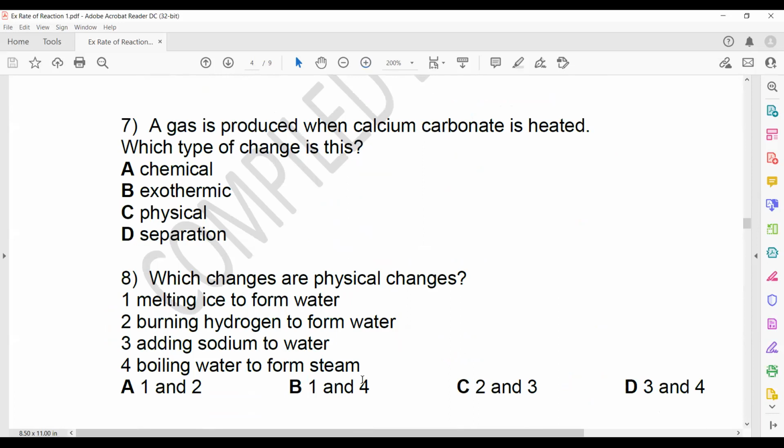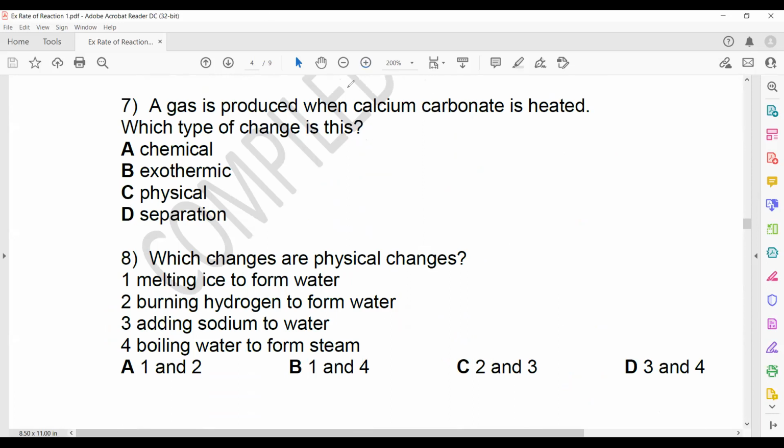A gas is produced when calcium carbonate is heated. Calcium carbonate is solid. When we supply heat energy, it produces a gas. It chemically changes. What do we call this change? When calcium carbonate is heated, it will produce calcium oxide plus carbon dioxide.